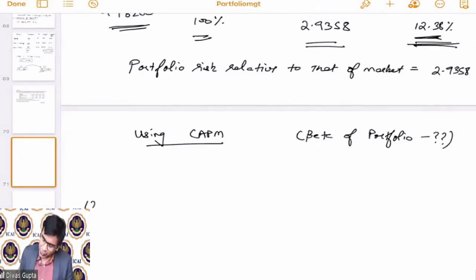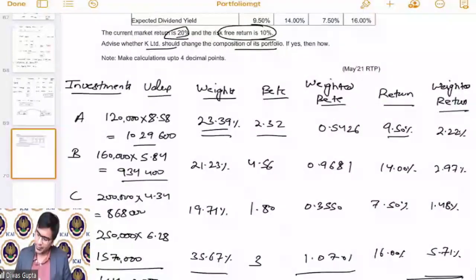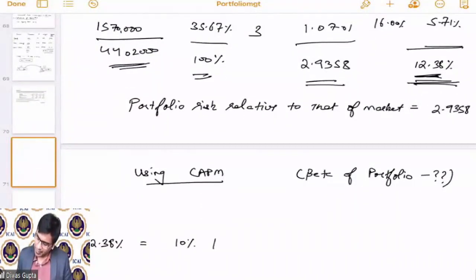If 12.38 is the return on the portfolio, the risk-free rate of return is 10%, correct? Plus beta, which we have to calculate, times 20% minus 10%, the market return and risk-free return respectively.